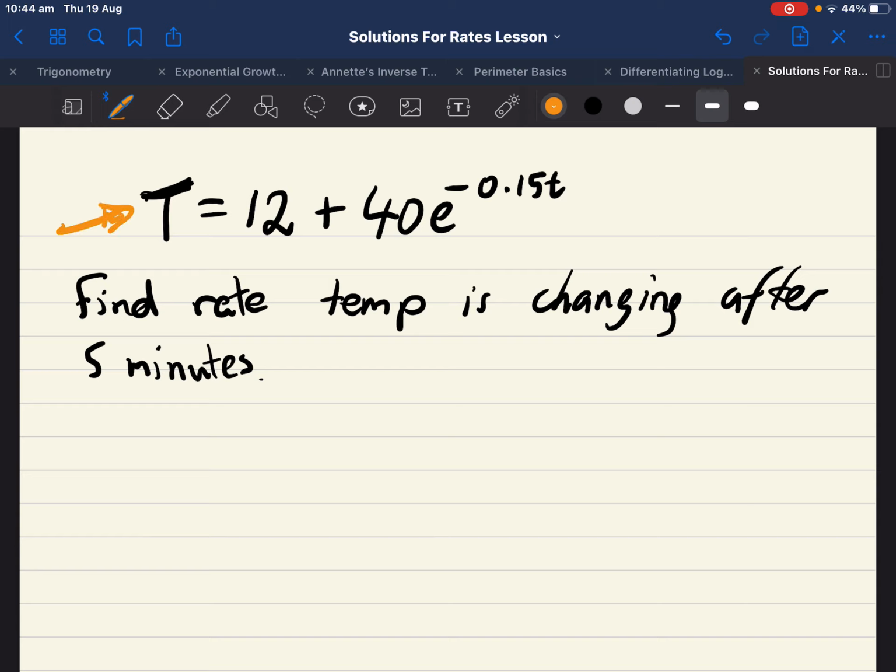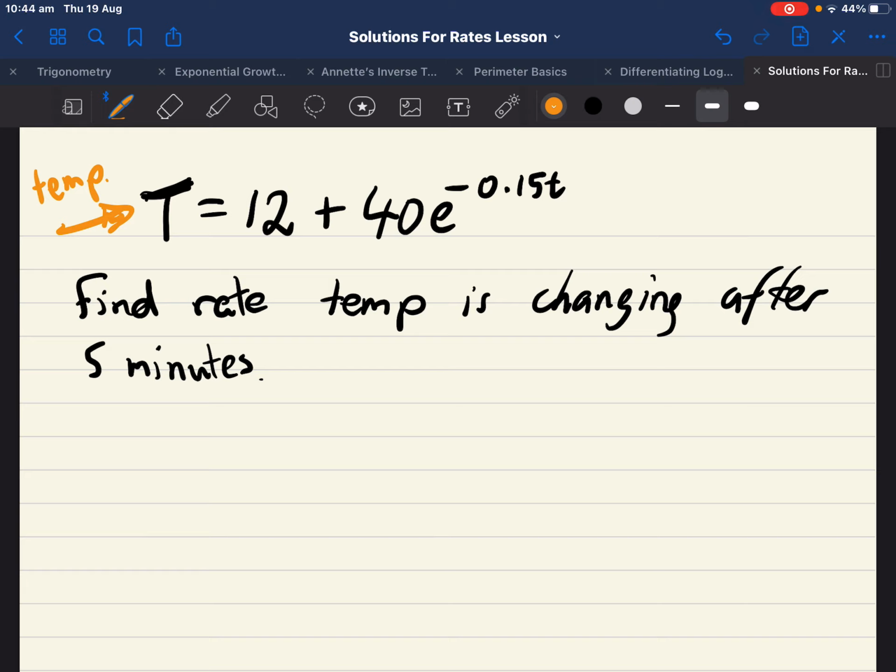This formula here gives us the temperature of the object after however many minutes you're looking at. For example, what was the temperature of the item originally? You'd let t equal 0, plug it in, and you'd end up getting 52 degrees.